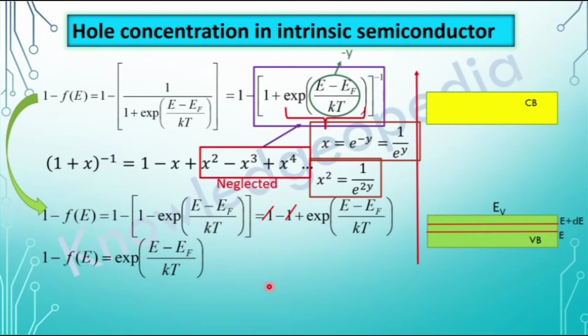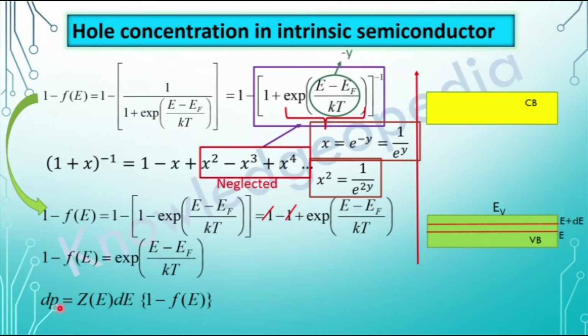Now we have obtained both the terms we need for our calculation, that is the density of states and the probability. So the holes present within the energy states E and E plus dE, that is dP, is equal to our density of states Z of E dE times our probability 1 minus f of E. After substituting these values, we can calculate the number of holes within E and E plus dE.